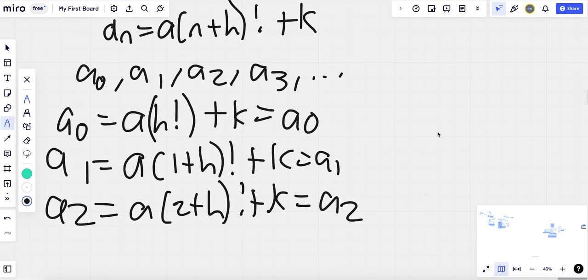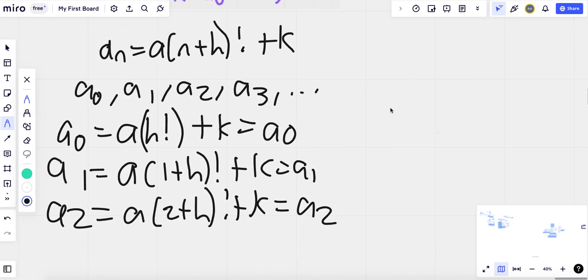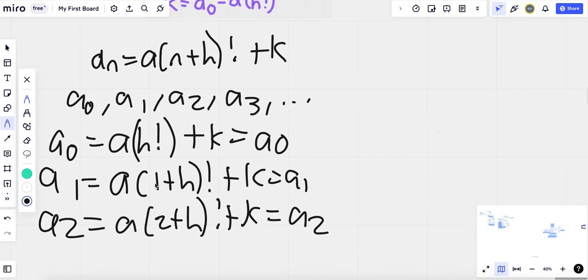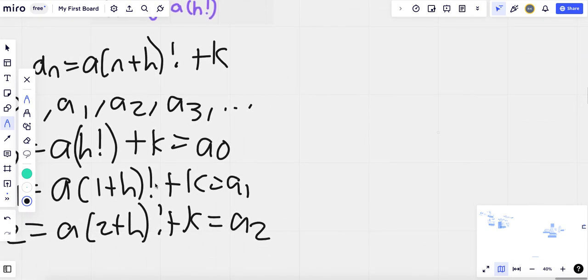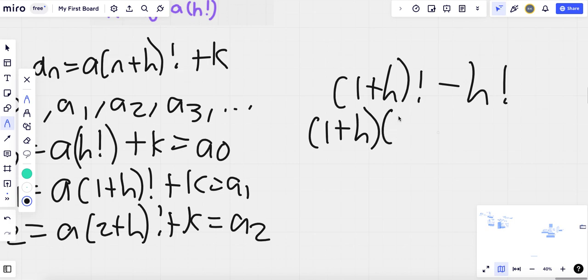So now I'm going to just subtract a0 from a1 and let's see what we get. If we do a1 minus a0, well, the k's are going to cancel out, but then what is this? What is a times (1 plus h) factorial minus a times h factorial? We can just factor out the a from that, and let's just look at what is (1 plus h) factorial minus h factorial. Well, we can write this out. This is (1 plus h) times h factorial minus h factorial.